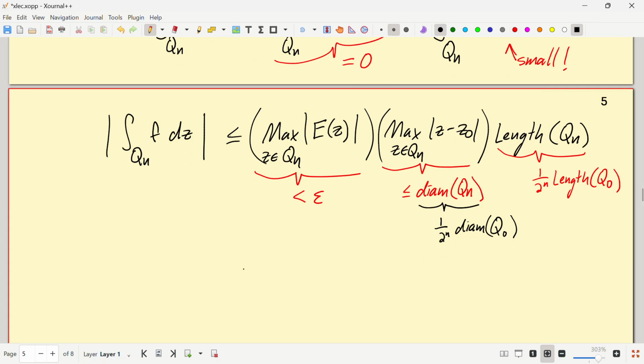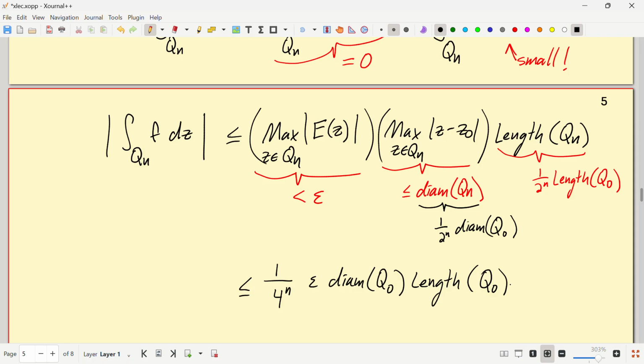So this is going to be less than or equal to 1 over 4 to the n epsilon times the diameter of my first triangle times the perimeter, the length of my first triangle. And that's too small.